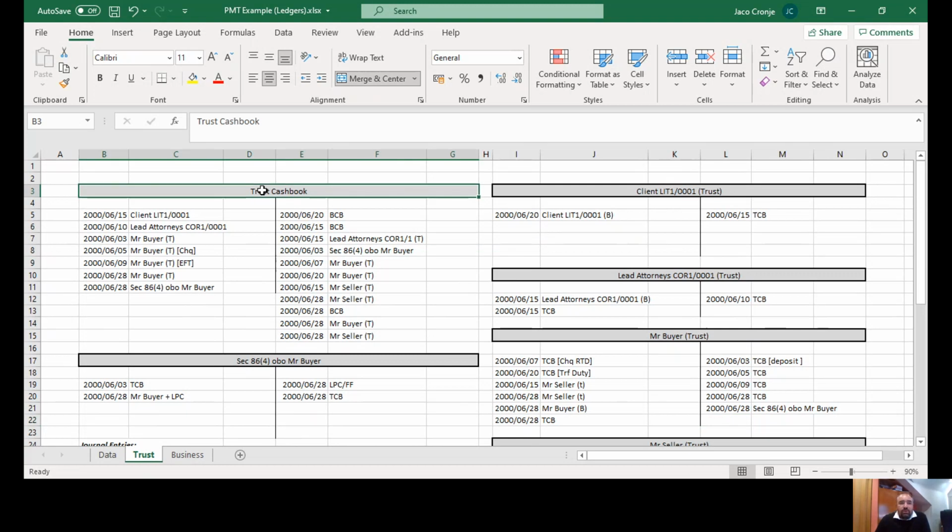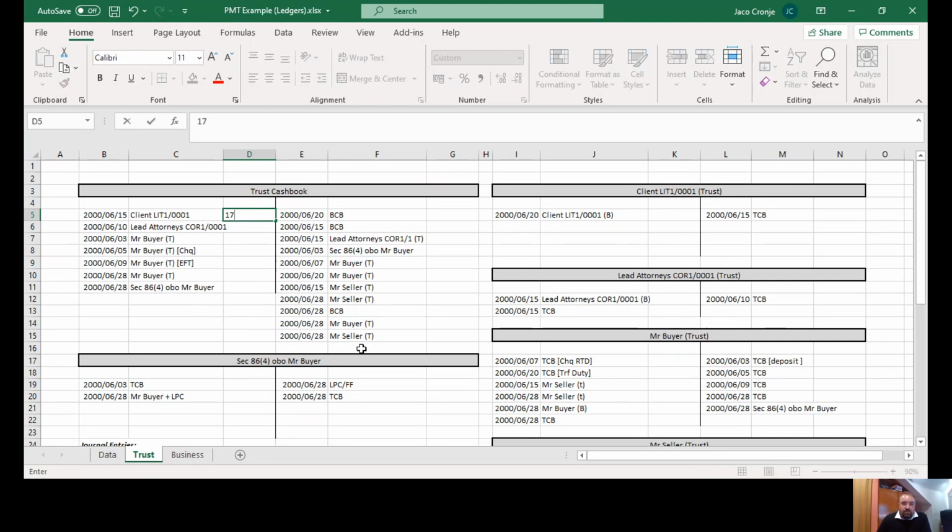The answer is it will increase. Where does a bank account increase? On the debit side. What amount will the client pay into my trust bank? The exclusive or the inclusive amount? And the answer is the inclusive amount. So you will pay 1,725 into my trust cash book.